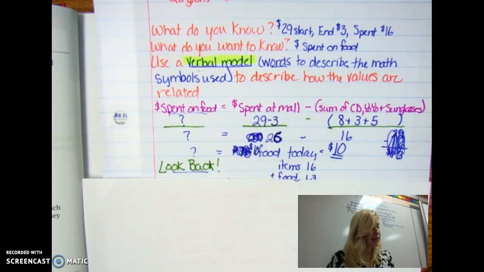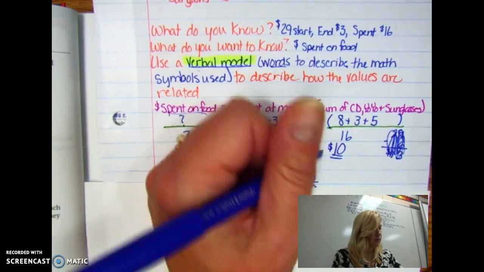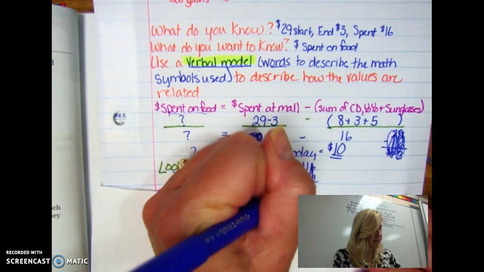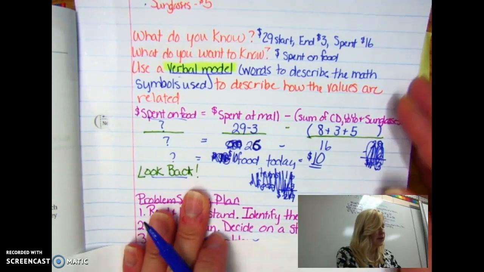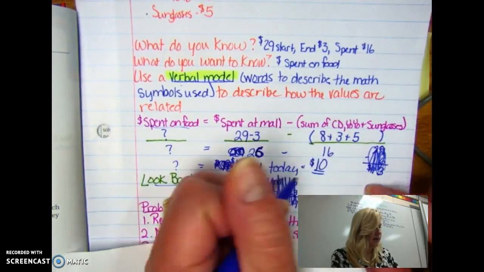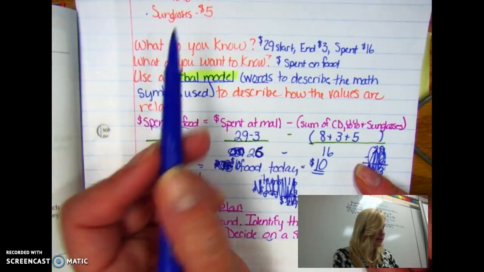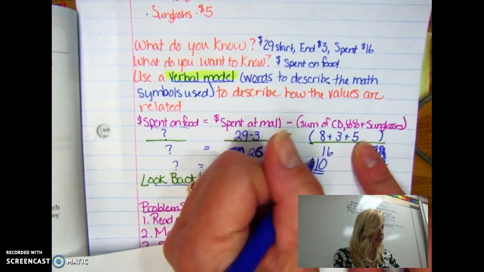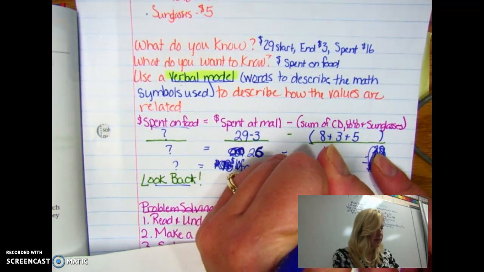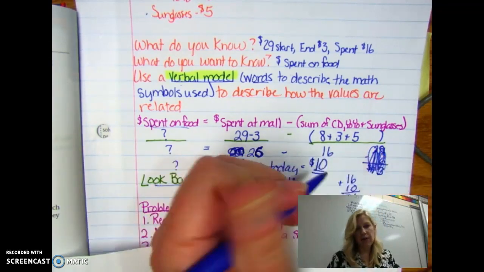Now, what we need to do is look back. So if I do all my items, something I did earlier, I want to do 8 plus 3 plus 5 plus 10. So I know 8 plus 3 plus 5 is 16, plus 10 is 26, but I came home with $3.